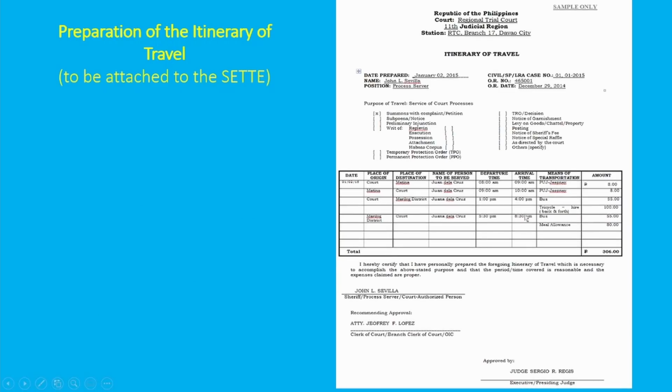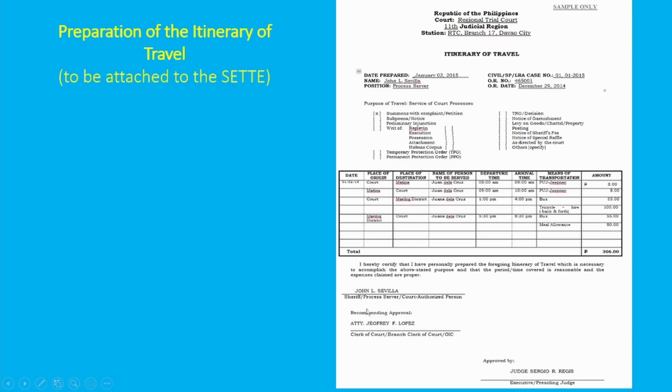So here is the sample of the itinerary of travel. The amount provided in the SETE can be seen here, the breakdown of that amount. The travel expenses provided in going to the place, and going back. So the 306 pesos. It should be prepared by the sheriff or process server, recommending approval by the branch clerk of court or the clerk of court.